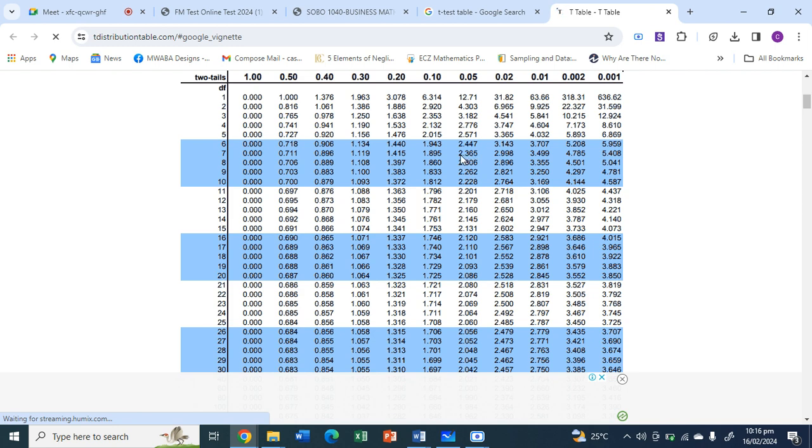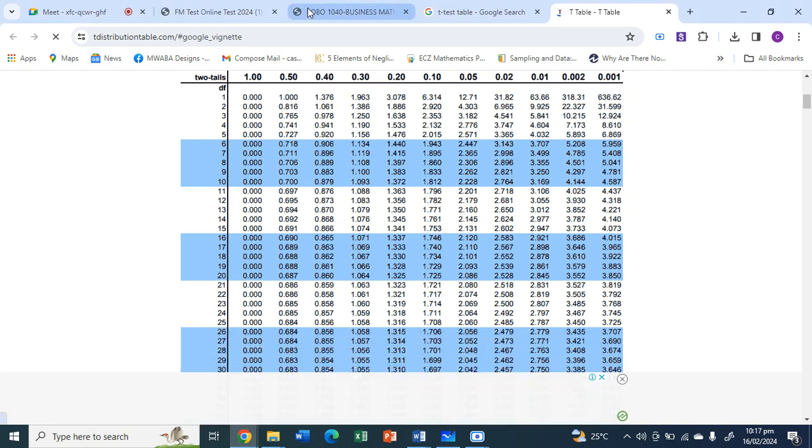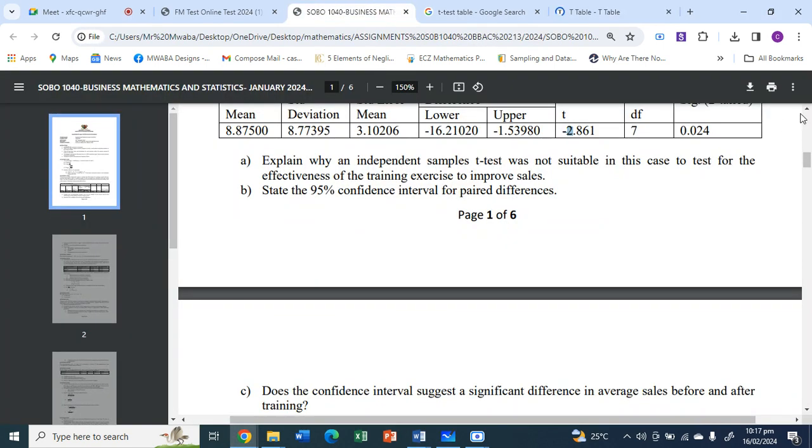This is our critical value, 2.365. We also get the absolute value of our test statistic, 2.861. It is greater than the critical value.